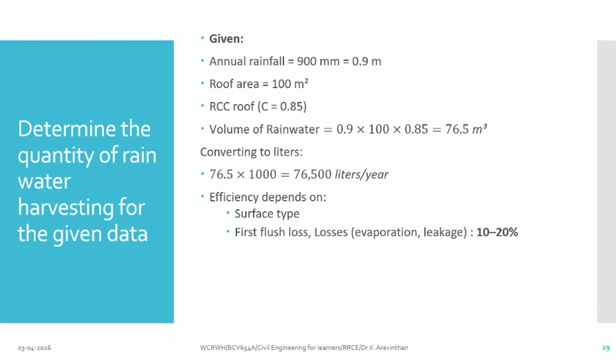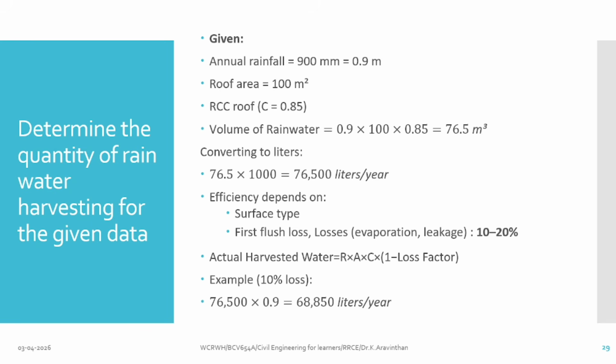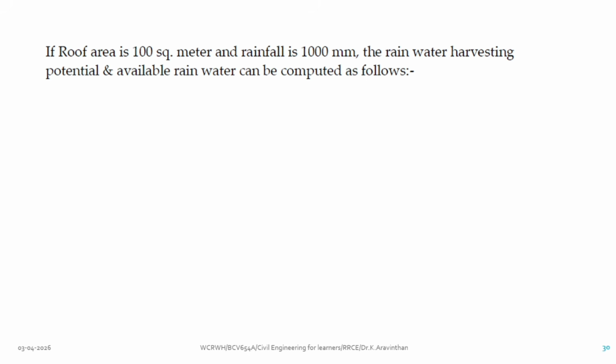The losses due to evaporation and leakage can be taken as 10 to 20%. Cumulative water is 76,500 liters. 10% loss you can take, and if you multiply by 0.9, that 0.1 is 10% loss. So you can calculate the total available water is 68,850 liters per year.